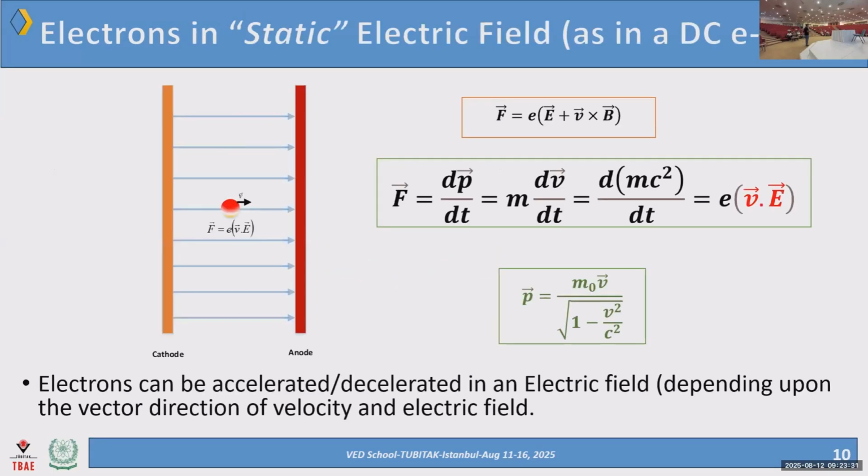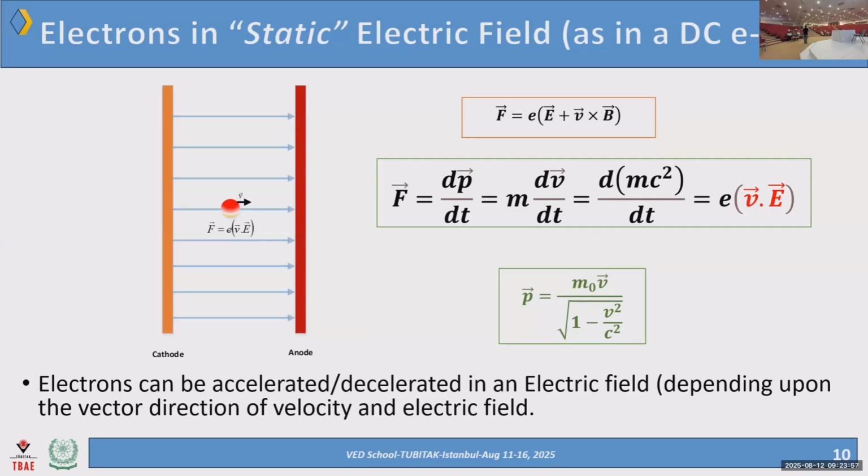So first things first, let's talk about a case where we have a field that is static in time, and that field is an electric field, and we have a charge somewhere. It's a very simple equation: that charge can experience an acceleration, a change in velocity in the direction of the electric field.